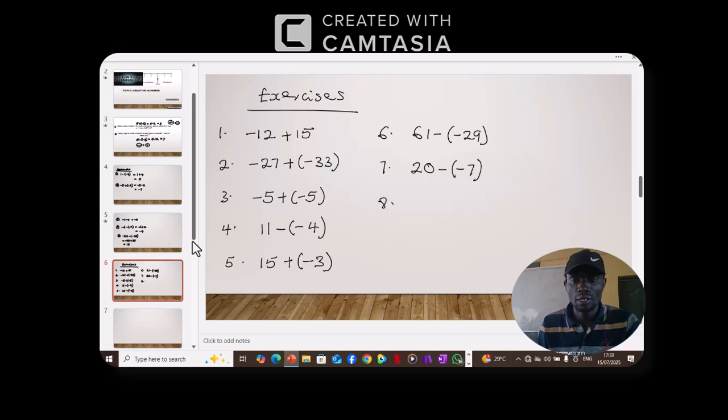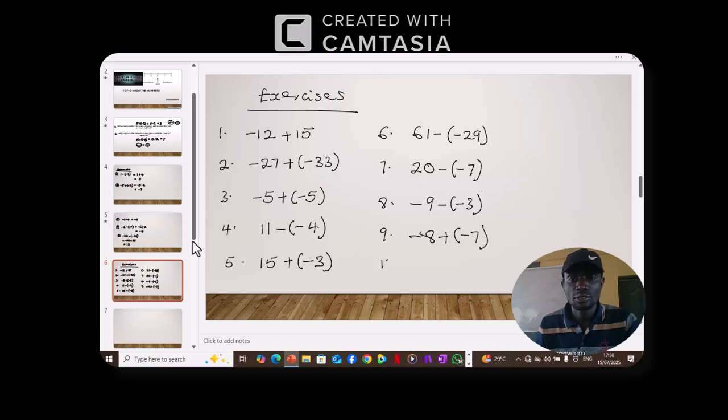Then number 8 is minus 9 minus 3. Number 9, minus 8 plus minus 7.